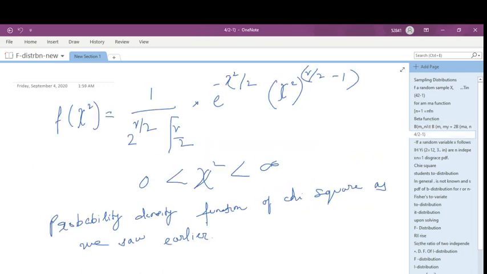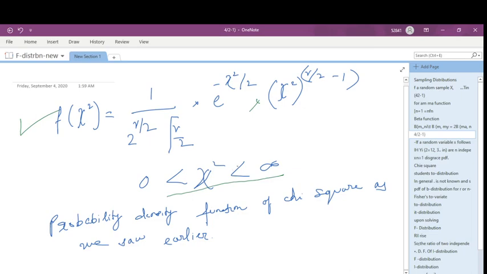Now coming back to the chi-squared probability density function, which I showed you already. Once again I'm showing you this particular formula. So this is 1 divided by 2 to the power nu by 2, where nu is the degrees of freedom, times gamma of nu by 2, now you know what gamma is, multiplied by e to the power minus chi square by 2, multiplied by chi square to the power nu by 2 minus 1, and chi square varies from 0 to infinity.